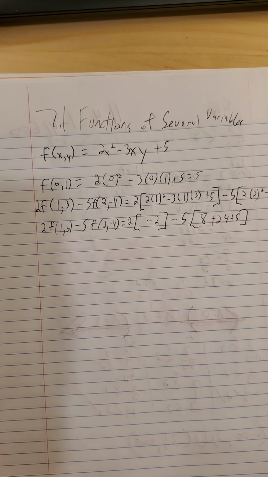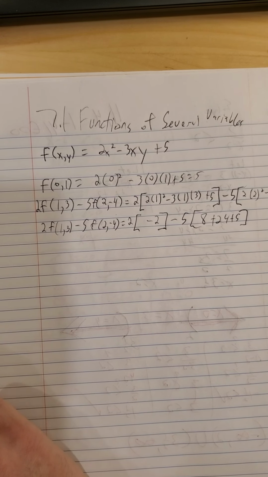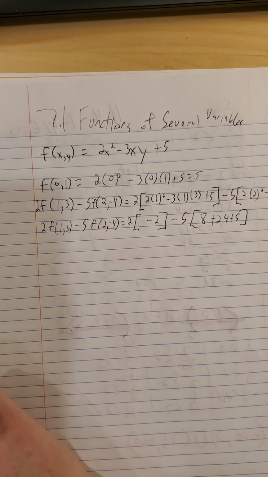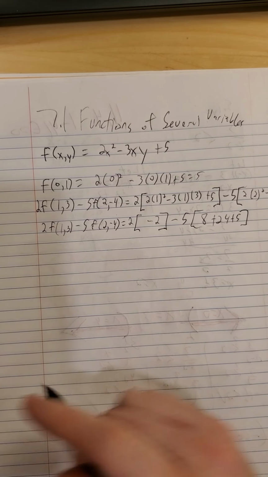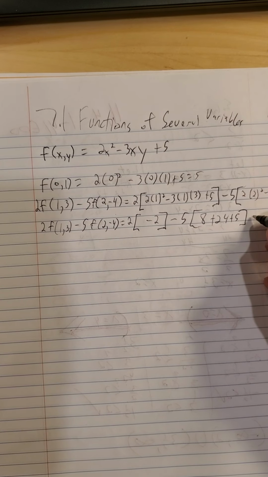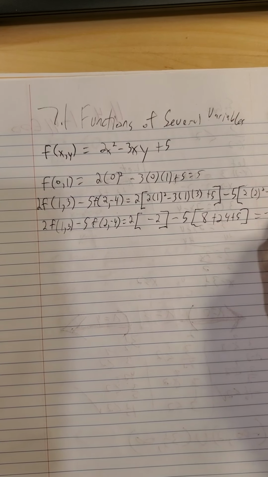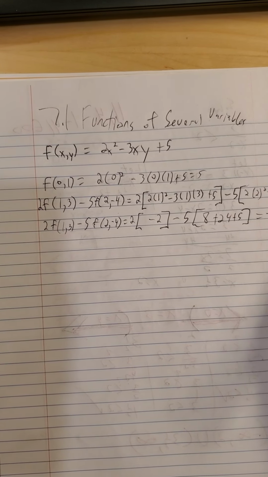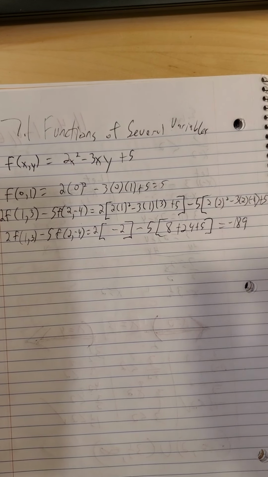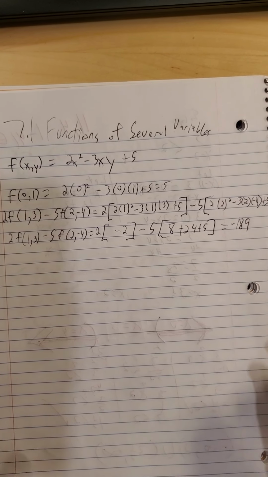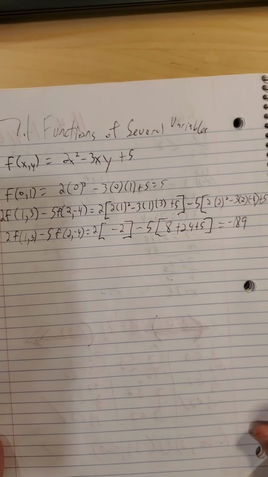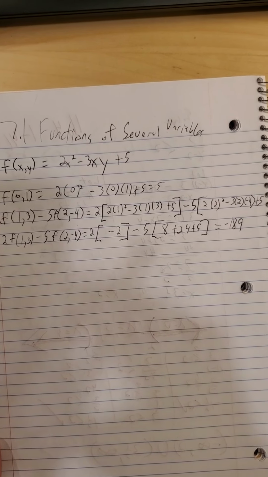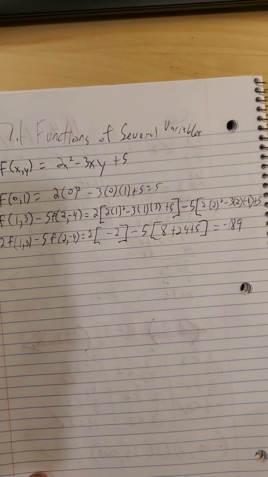And then it's just plugging and checking from there. So negative 4 minus 5 times quantity 8 plus 24 plus 5. So negative 189. All right, trying to center that a little better. Okay.